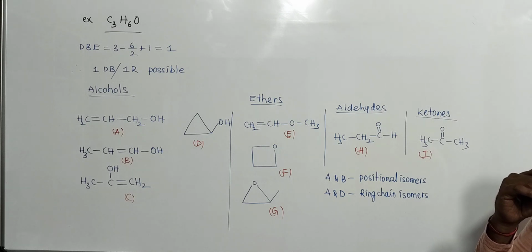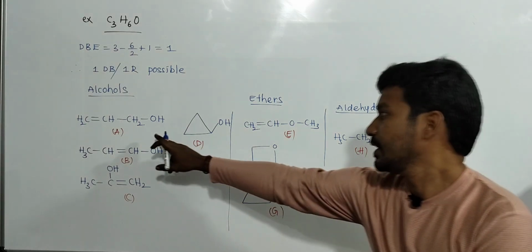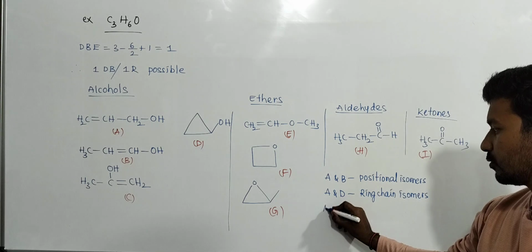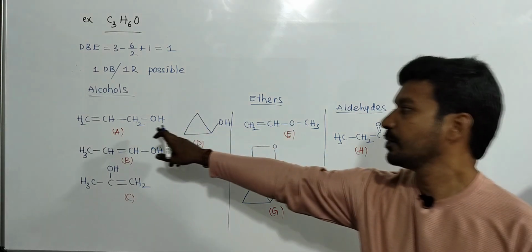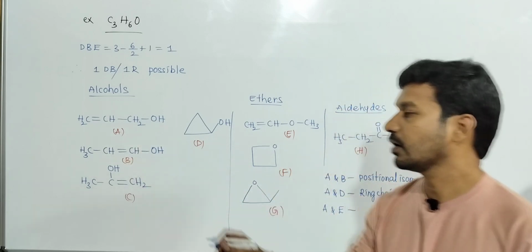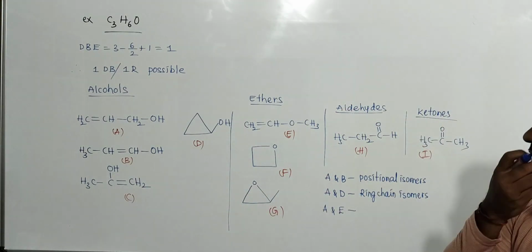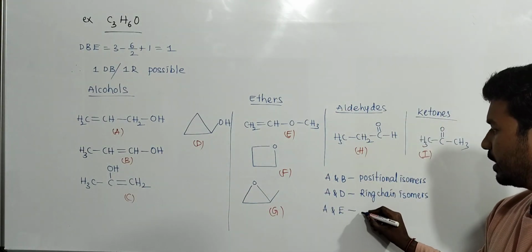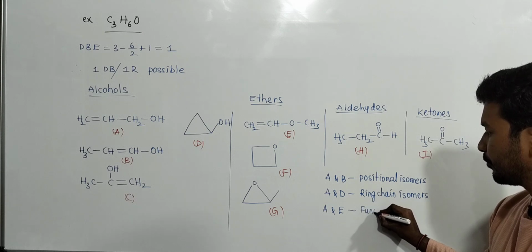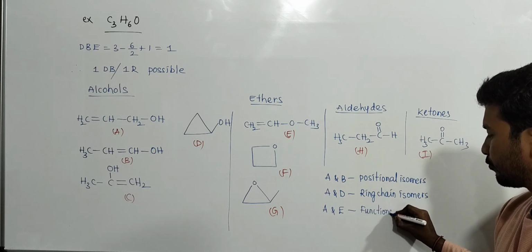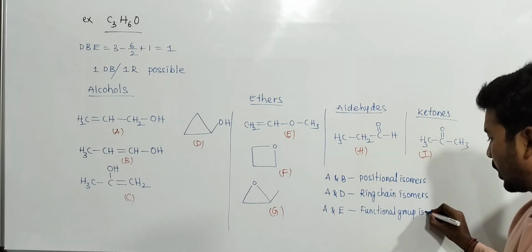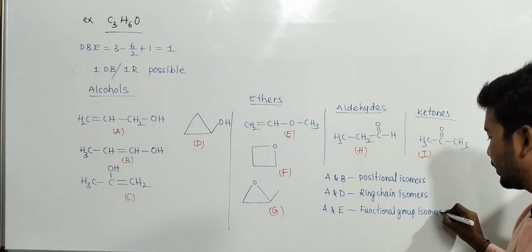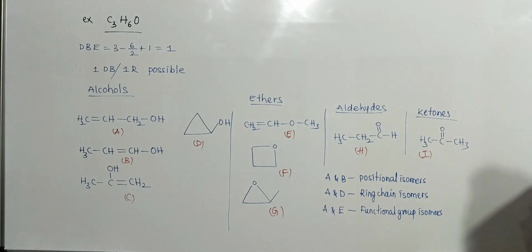Next, if you see A and E, here ether functional group, here what? This is alcohol functional group, enol. So A and E are functional group isomers. I am writing different types of isomers, not all isomers.